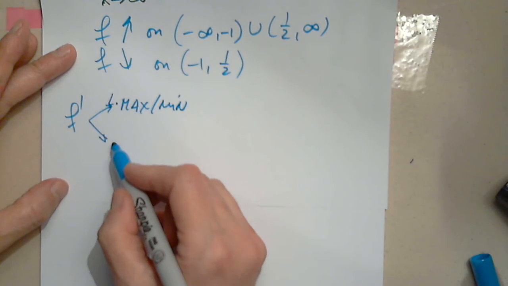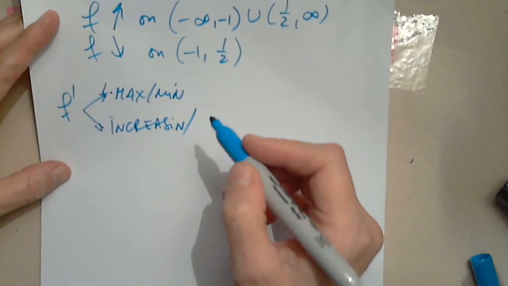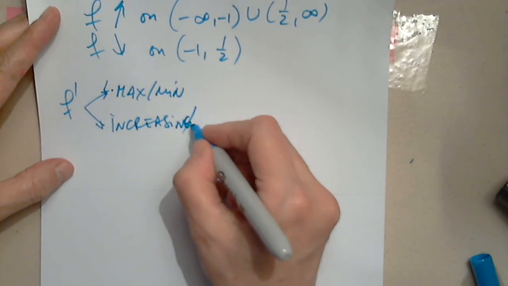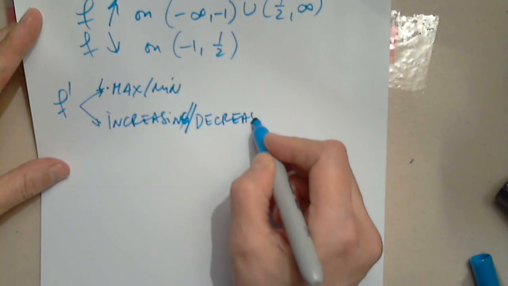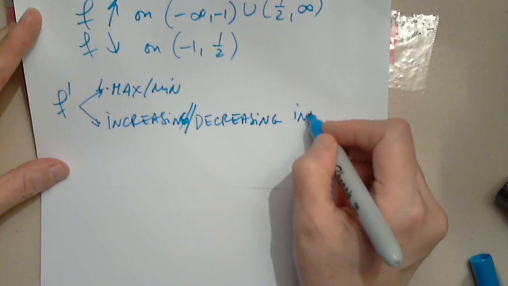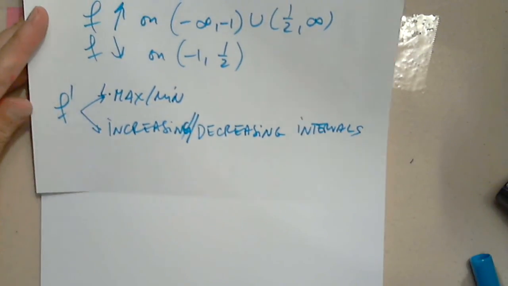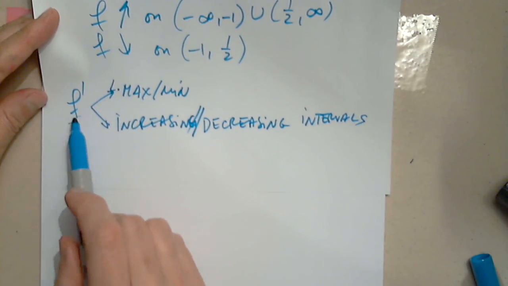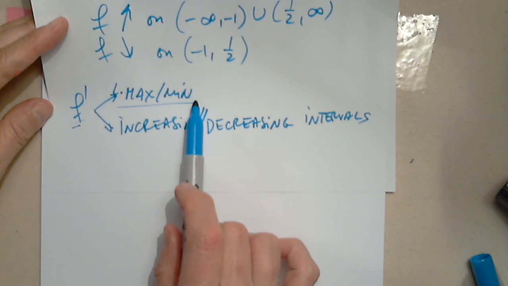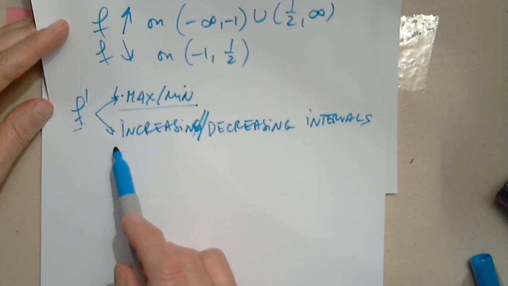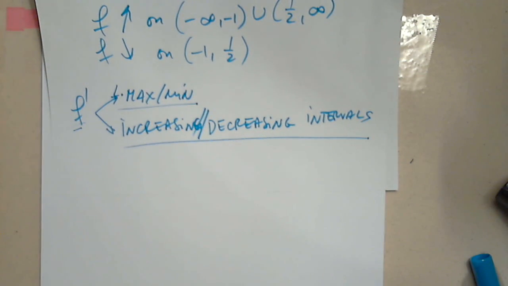And it also gives us increasing and decreasing intervals. So the first derivative tells us when the function has a local max, local min. And it also tells us when the function has an increasing or decreasing interval. I'm going to stop.